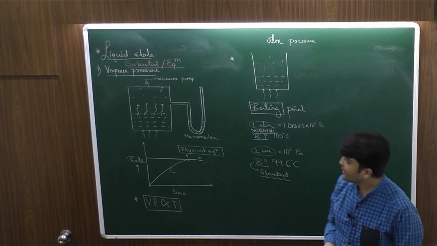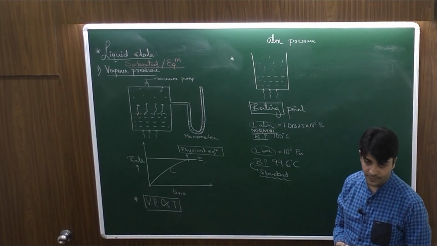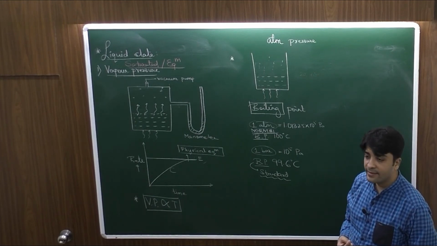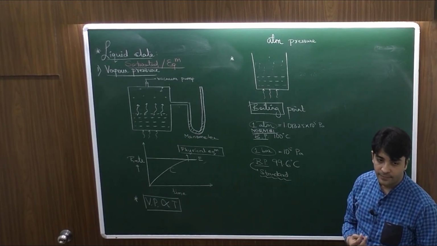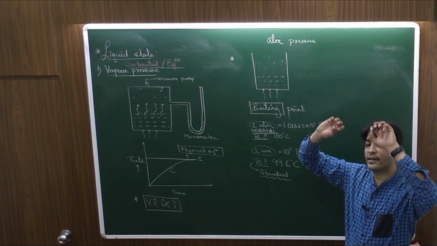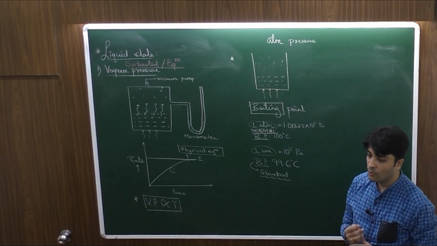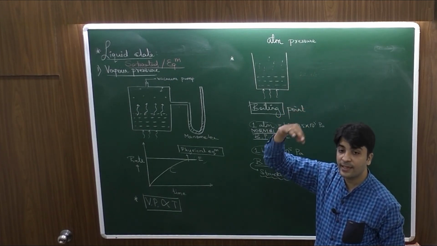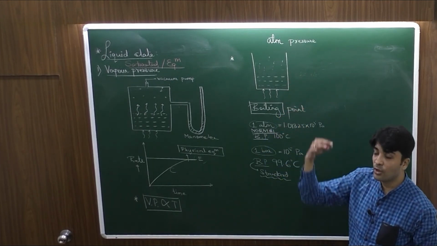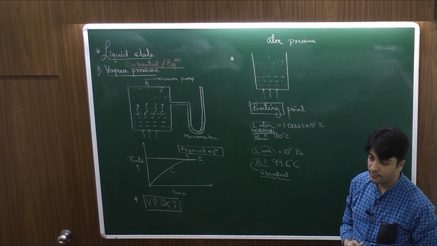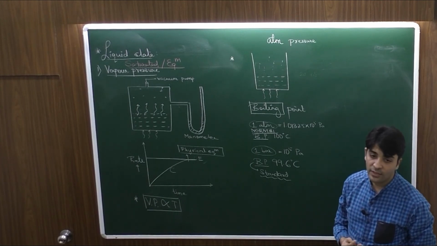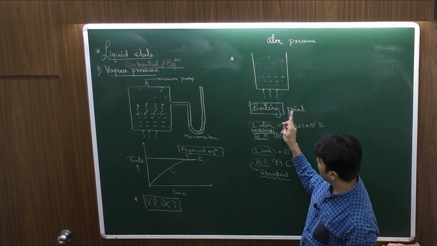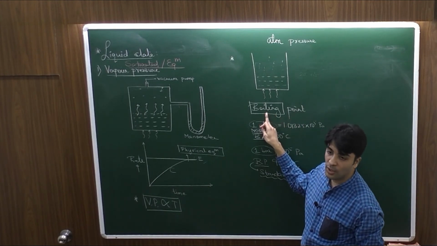Clear? Then I considered the container to be open and I heated the vessel. In that case the molecules will start evaporating, but now they are evaporating and trying to escape out of the vessel. But then there is the atmosphere which is creating a pressure, due to which the molecules will start condensing. In this case there will be an equilibrium established at some point, and that point basically will be called the boiling point.